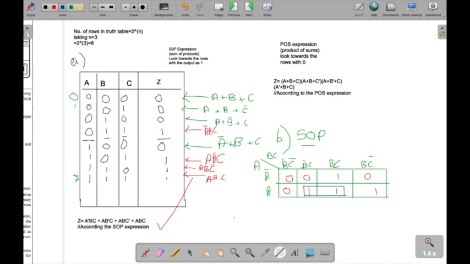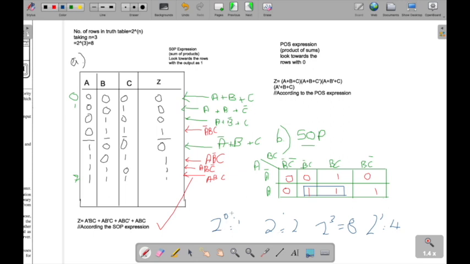Which means that 2 to the power 0 is 1, 2 to the power 1 is 2, 2 to the power 2 is 4, 2 to the power 3 is 8. Right, it's going from the powers of 2. We cannot take 6, that was a mistake.